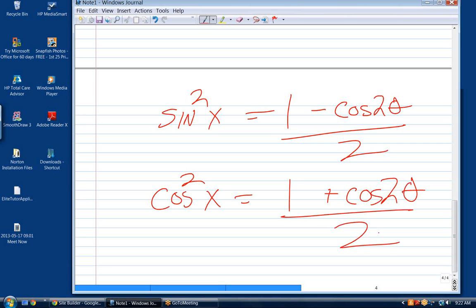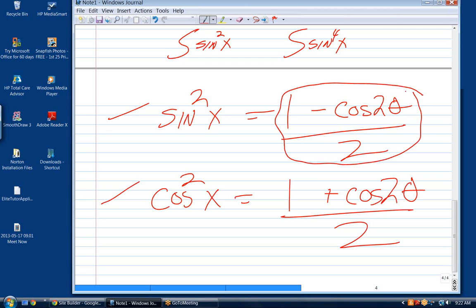Now, this is extremely useful if we're trying to integrate that or this, because we don't have a way of directly doing it. So we would use one of these two reduction formulas because we can integrate this just fine. And by multiple reductions, we can get everything down to cosine of some theta. This integrates easily. This does not.